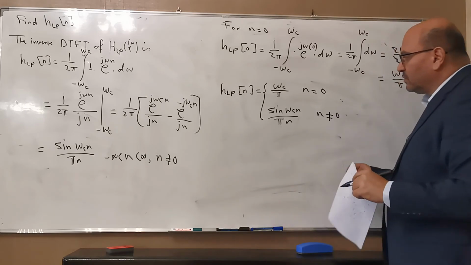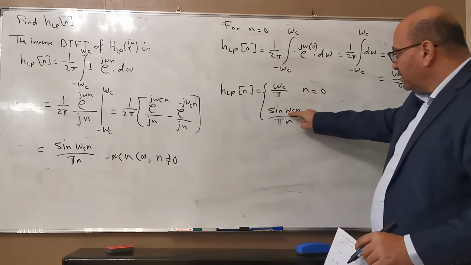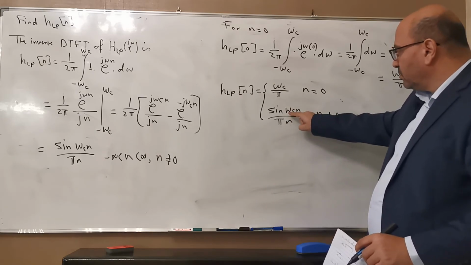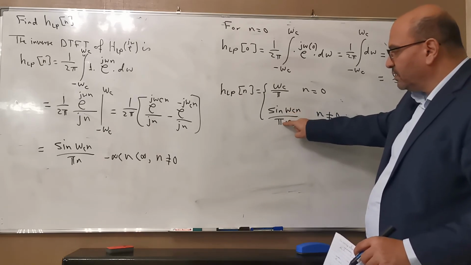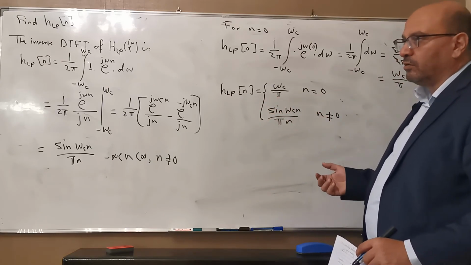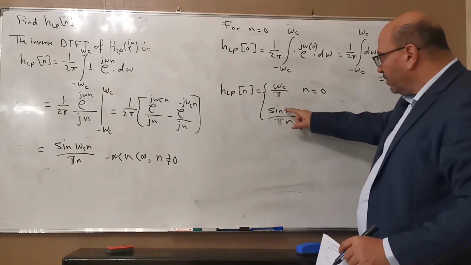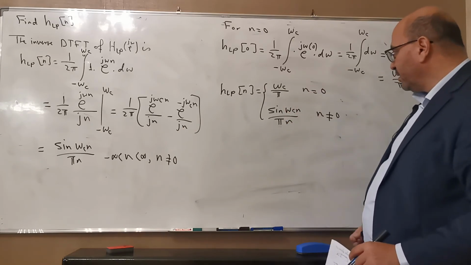Now, some can argue that if you take this in the limit as n goes to 0, then it is equal to omega c over pi. Most of you know that by the sinc function, or sine x over x. So this is omega c over pi by L'Hopital rule or by any other rule.